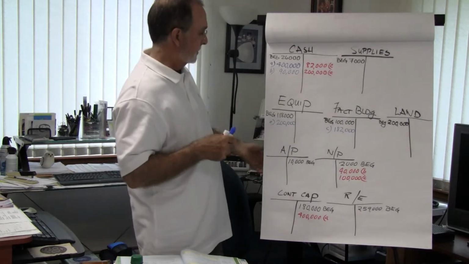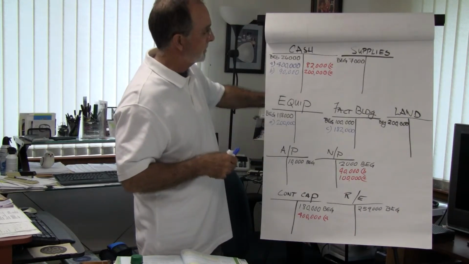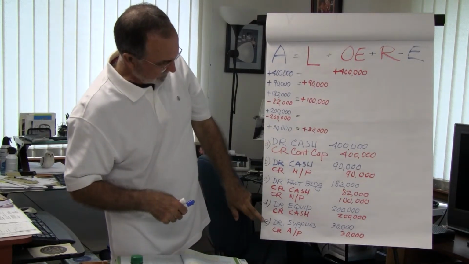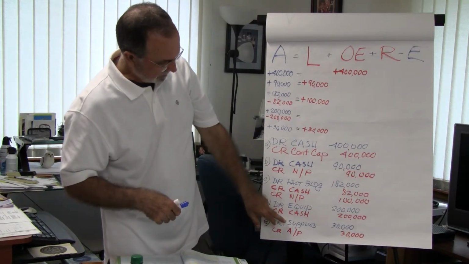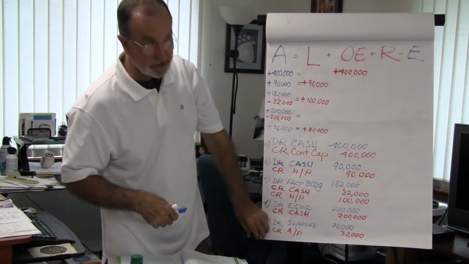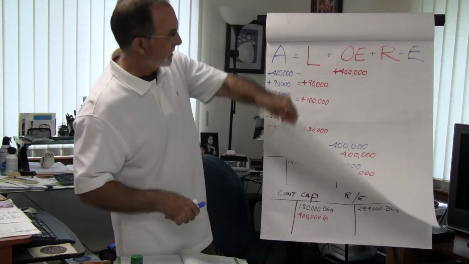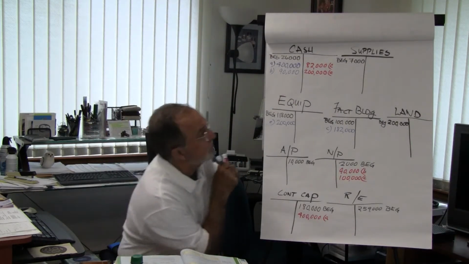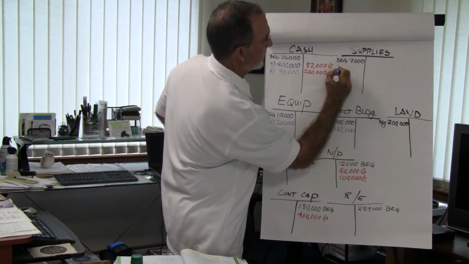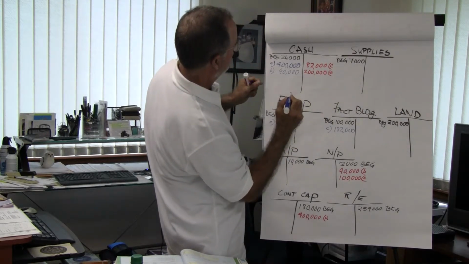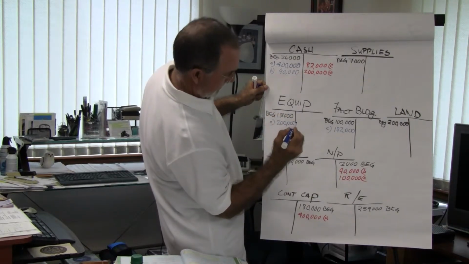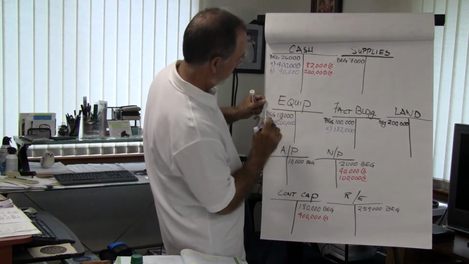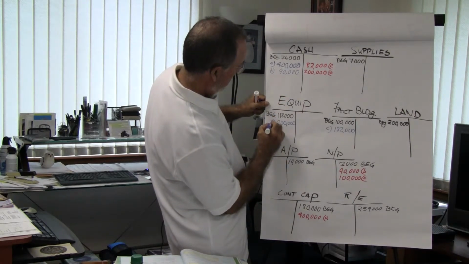And our last transaction that we need to post to our T accounts, transaction E, we bought supplies on account, debit supplies, credit accounts payable, $30,000. So we want to add to supplies. You know, I believe I used the wrong letter here for this $200,000 entry.